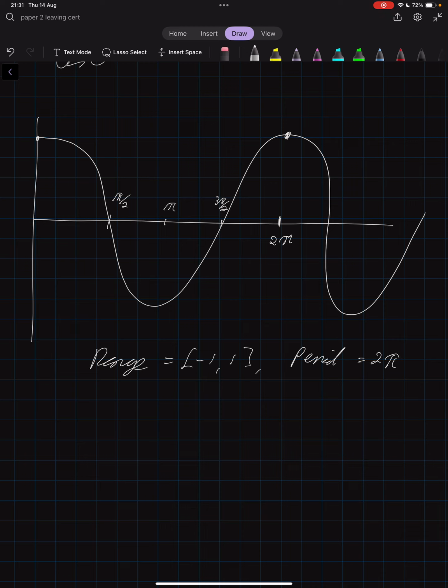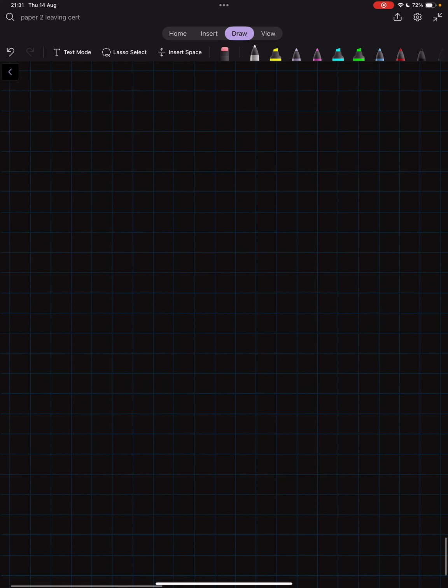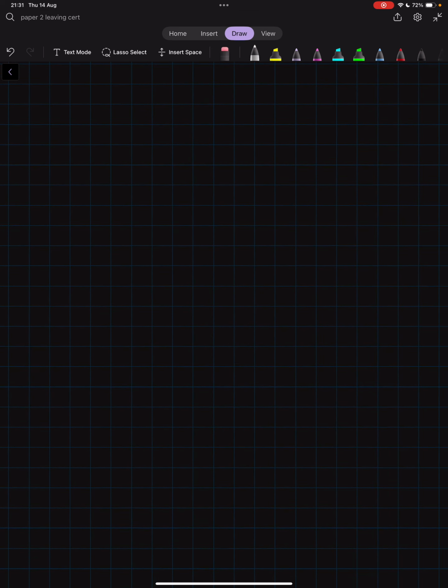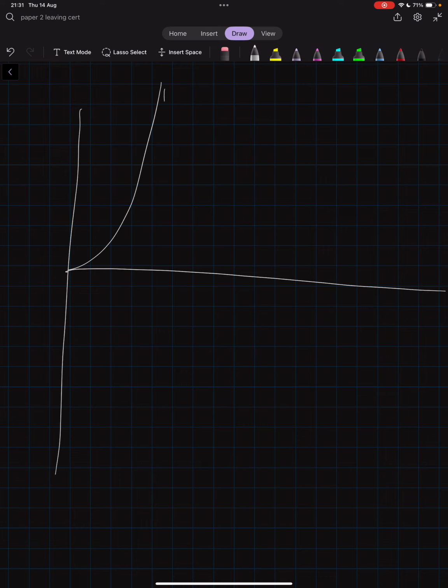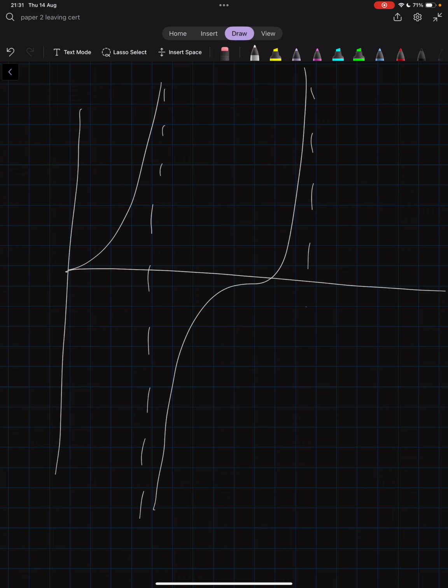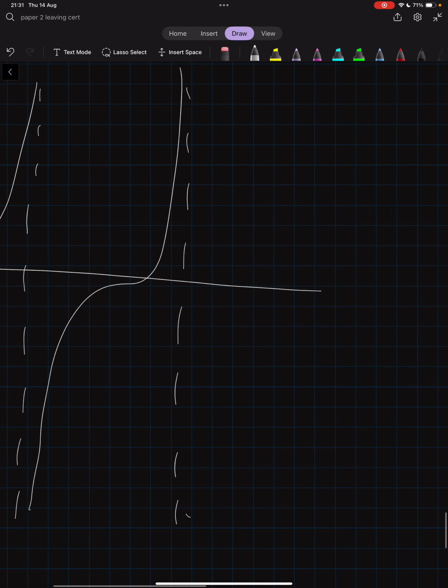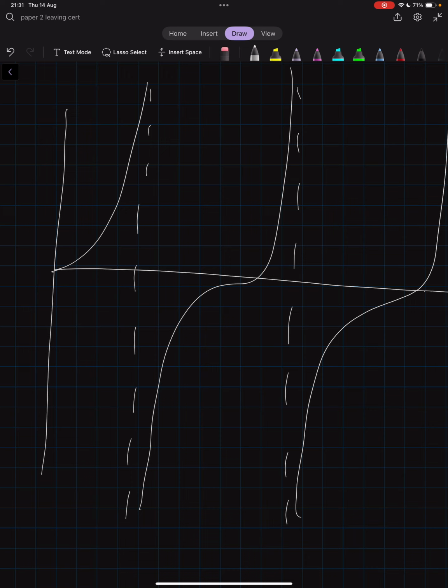Now tan is different. Tan is not the same, okay? Tan looks awful, to be quite blunt about it. It looks like this. So basically, no, that's kind of drawn quite badly.